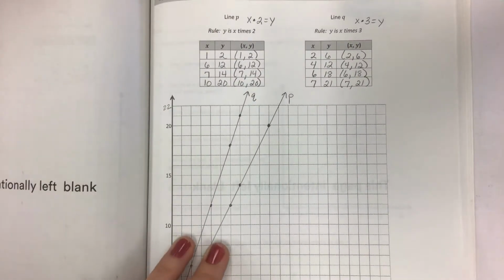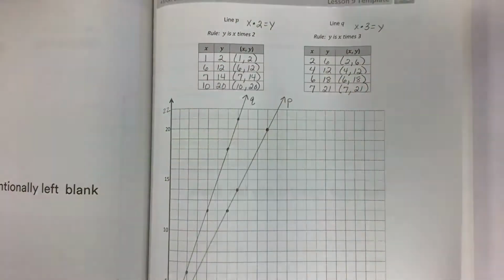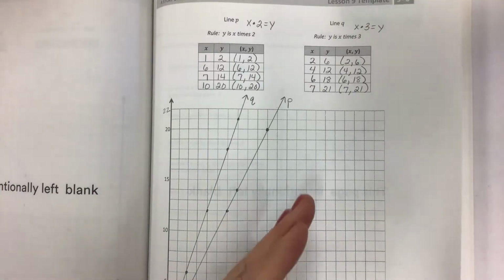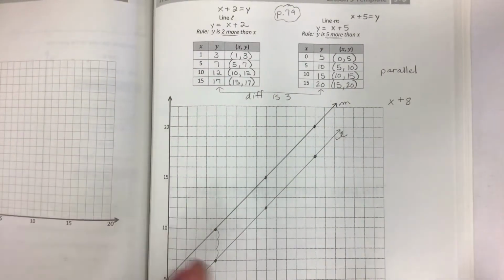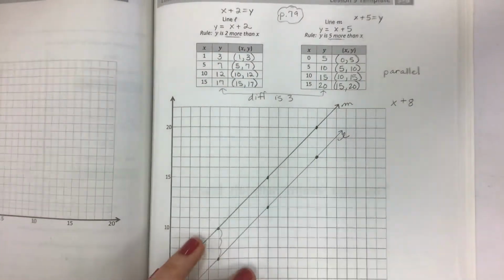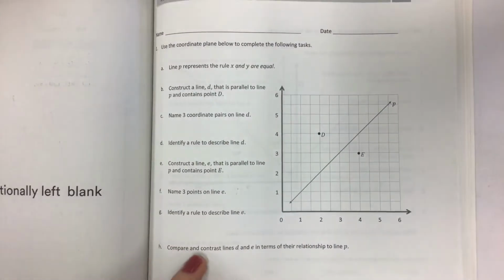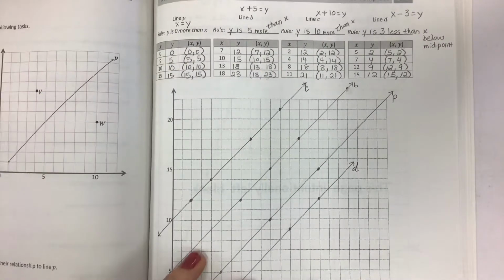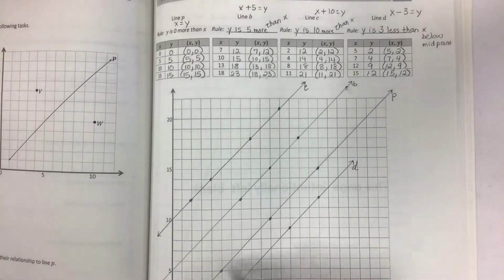We noticed in the previous videos that when you multiply for the rule, you get these steeper lines, whereas if you add with the rule, 2 more or 5 more, you get these parallel lines. Then we also did another one, and it comes after: if you have the X and Y that are equal, then you have a line that goes right through the center.